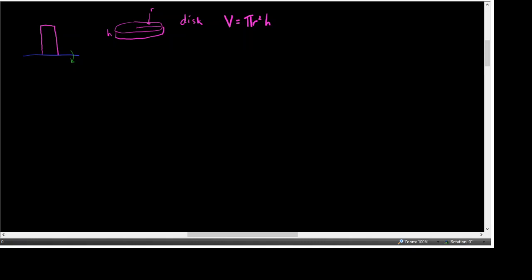Now, I will tell you that when you do these revolutions about an axis of revolution, the radius that we get will always be measured from the axis of revolution to the far end of that rectangular piece. So that will be the radius as we go around the axis of revolution. The radius is that.